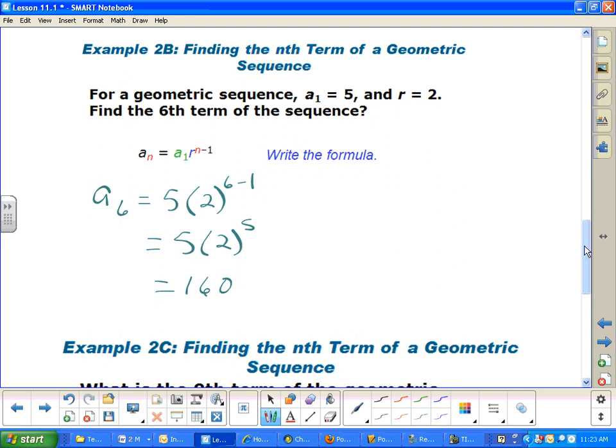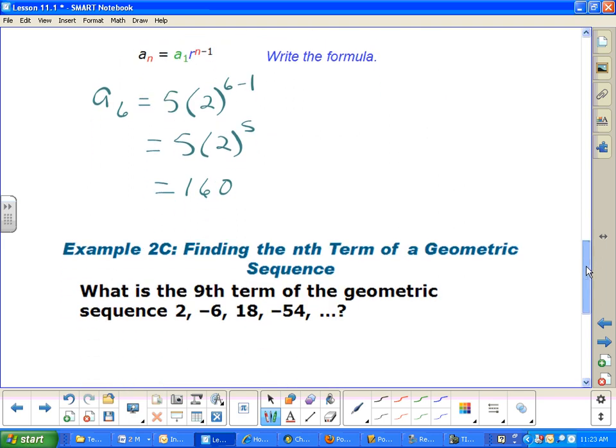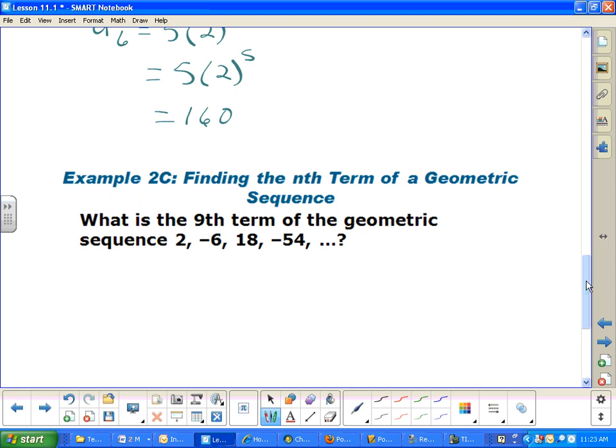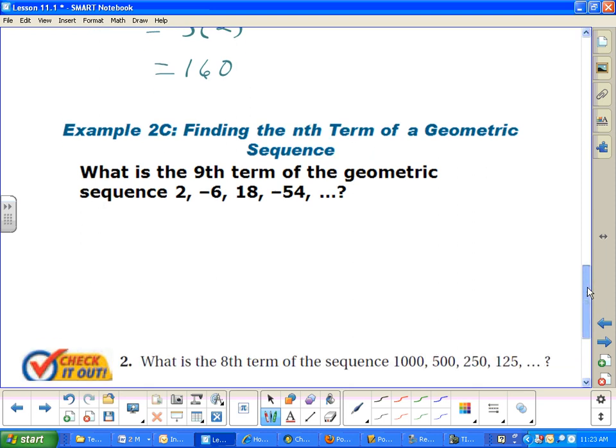Okay, let's look at one more. Here they want us to find the ninth term, and they give us the first 4 terms. So a very important thing for you to do might be to list them, all right?